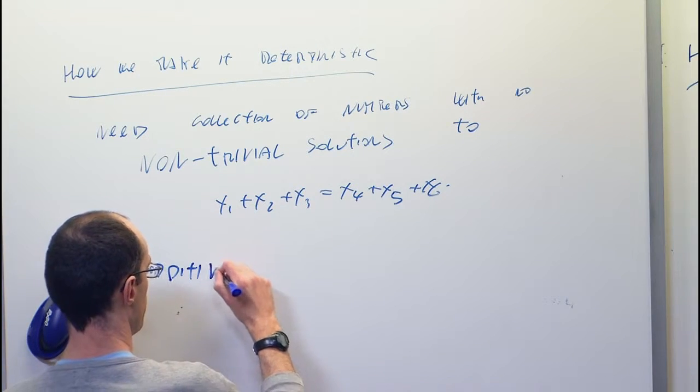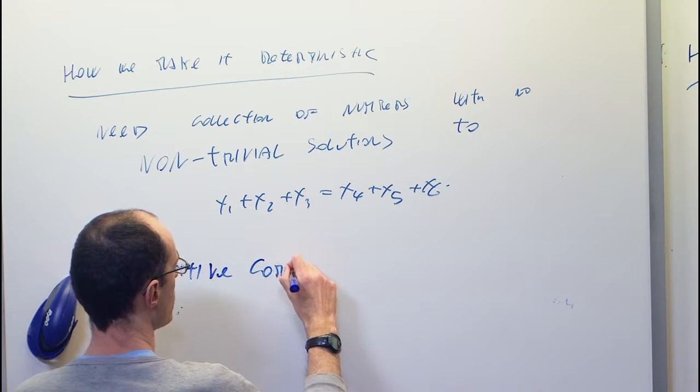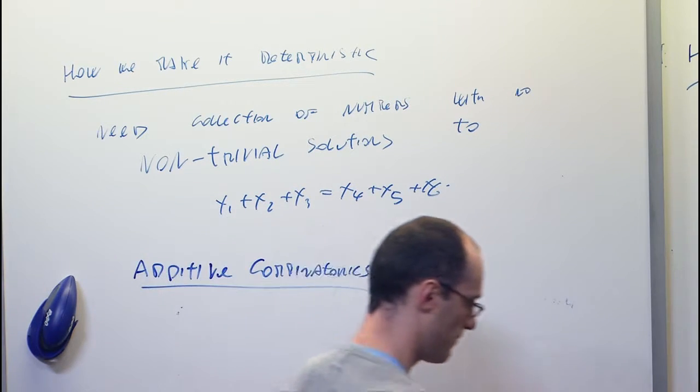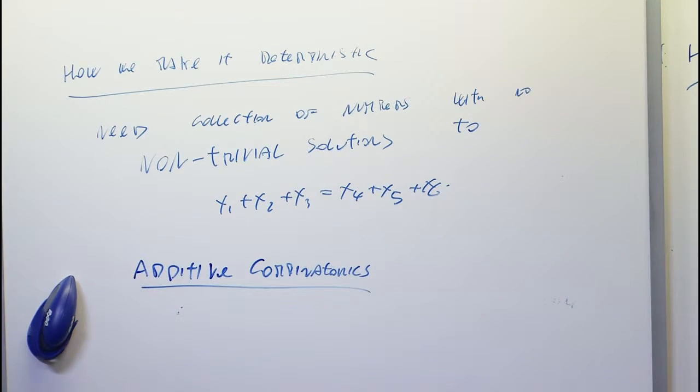So in additive combinatorics, there are many papers that give upper and lower bounds on the size of such collections. However, as far as I know, none of those results give you a construction that runs fast.